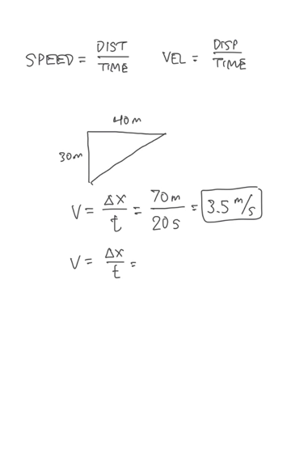Or if you recognize it as a 3, 4, 5 triangle, you would know that this side of the triangle is 50 meters. So the displacement we can plug in as 50 meters over 20 seconds, and that gives you an answer. The average velocity is 2.5 meters per second.